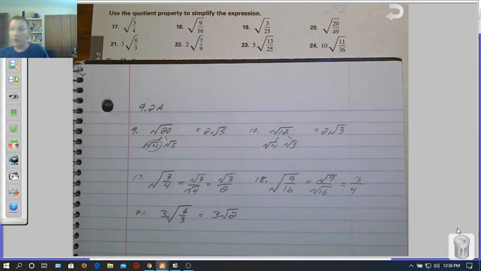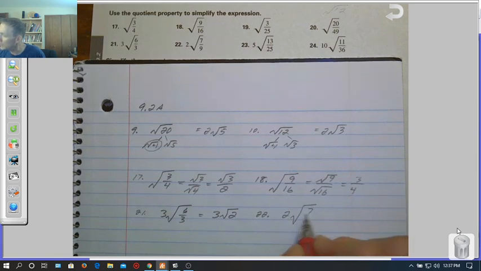But if we look at number 22, this is going to require us to put several pieces back together. So let's split up the top and the bottom. Remember, you've got a 2 in front, radical 7 over radical 9. I can take the square root of 9.